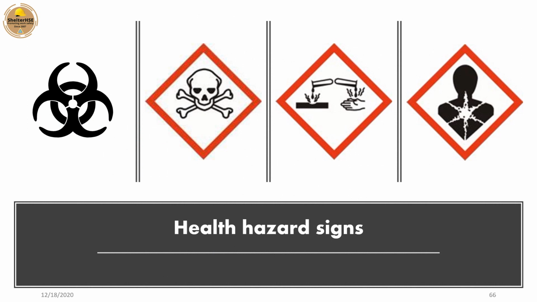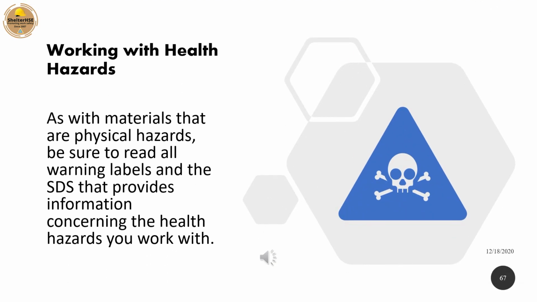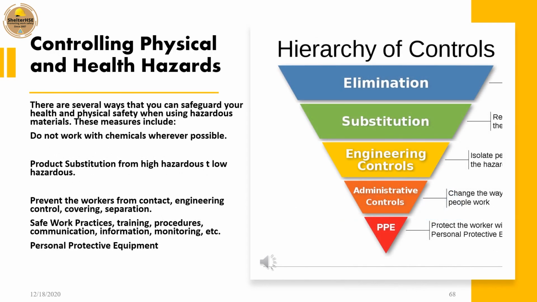As with materials that are physical hazards, be sure to read all warning labels and the SDS that provides information concerning the health hazards you work with. There are several ways that you can safeguard your health and physical safety when using hazardous materials. These measures include: do not work with chemicals wherever possible.